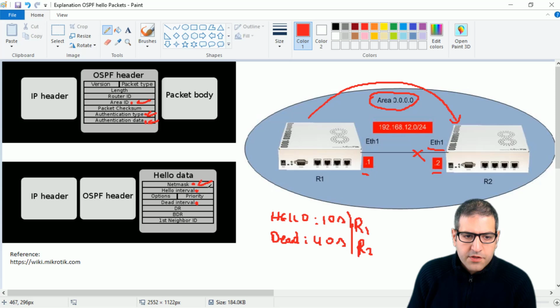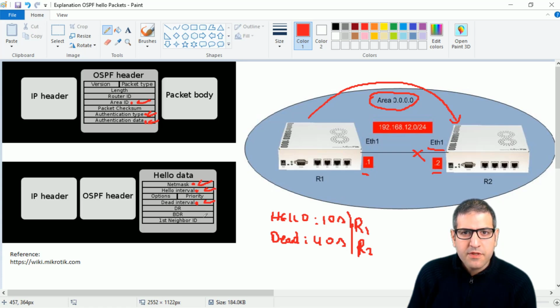So these are the conditions needed to be met in order for the two connected routers to become neighbors inside OSPF. Again, they should be in the same area ID, they should have the same authentication, they should be on the same network, and they should have the same hello interval and dead interval.